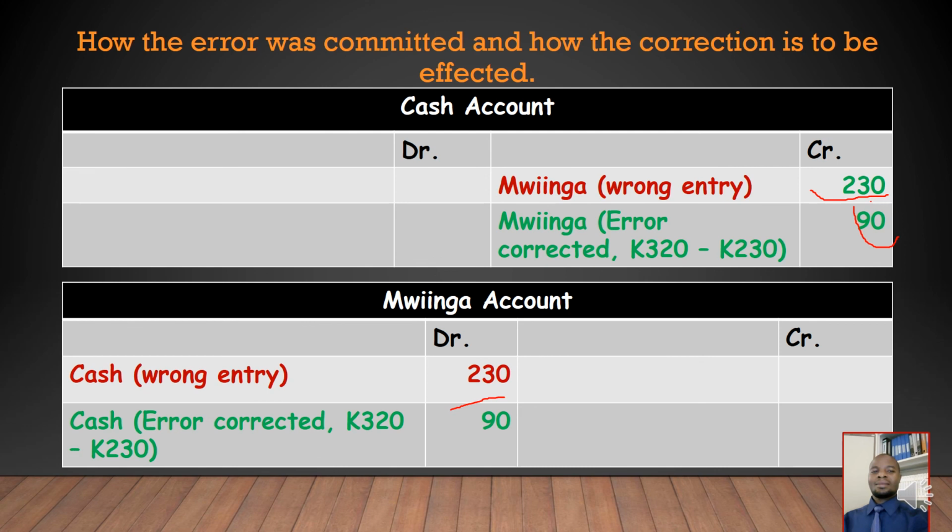And the same difference should be entered on the same side of Mwinga account. The difference is $320 minus $230, which is 90. So this is an error of undercast. We are adding this to 230 and we are adding this to the 230 in Mwinga account, thus correcting the error. Now let's see how this ought to be entered in the journal.